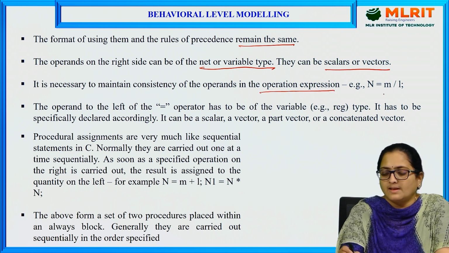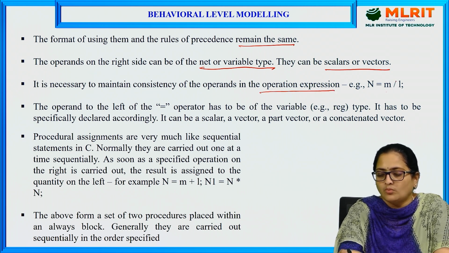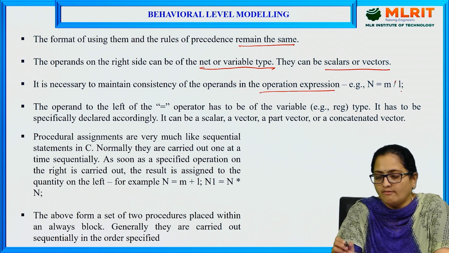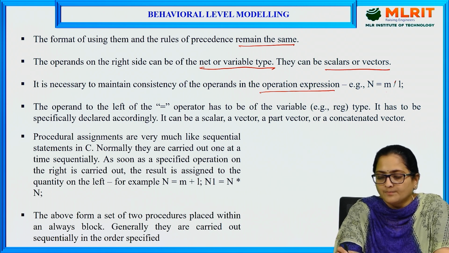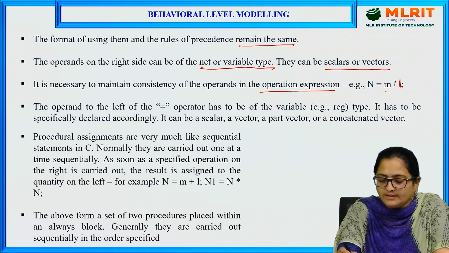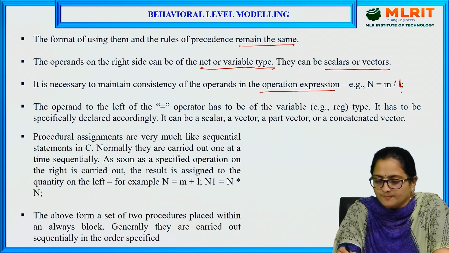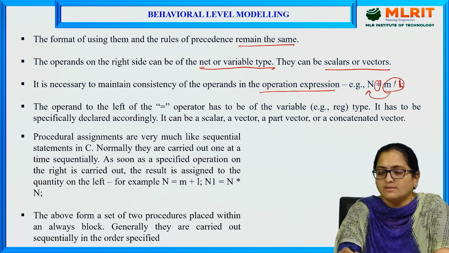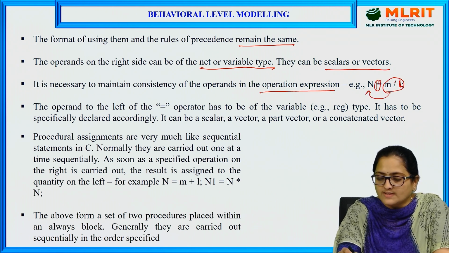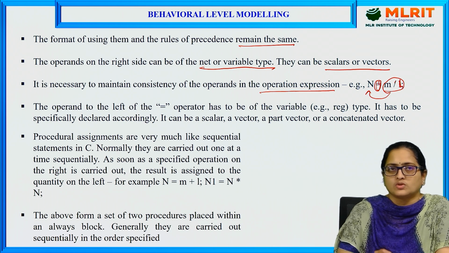For example, n equals m divided by L, where you can consider either L or 1. Here you will be using a net data type or variable data type, and this function will be assigned to n by using the assignment operator, which is equals to.